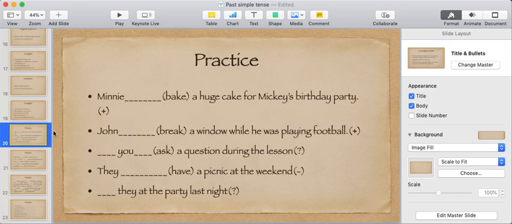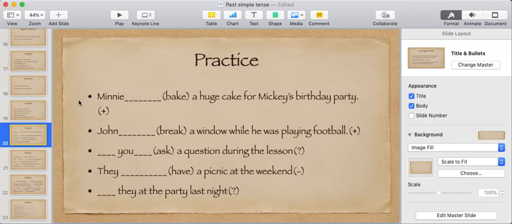The first one is practice one. You just change the verb according to the sign at the end of the sentence. You have, like, bake. This one is a positive sentence, this one is a question, and this one is negative.